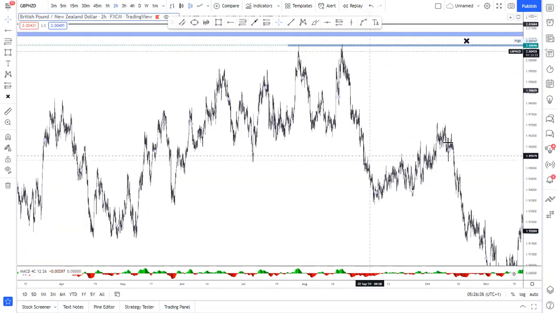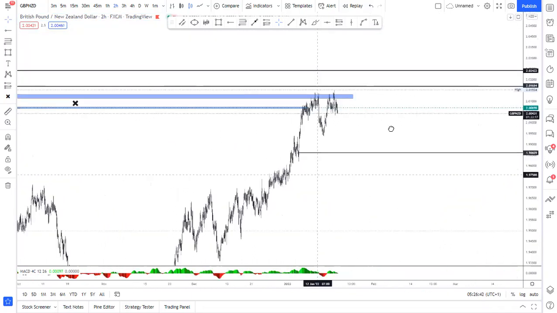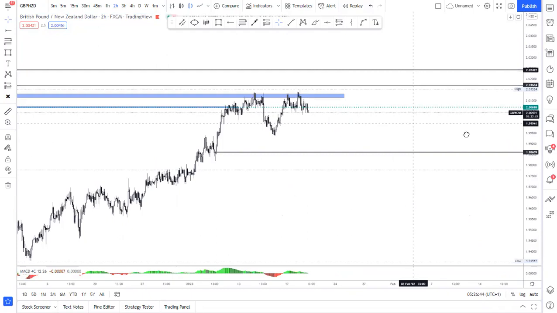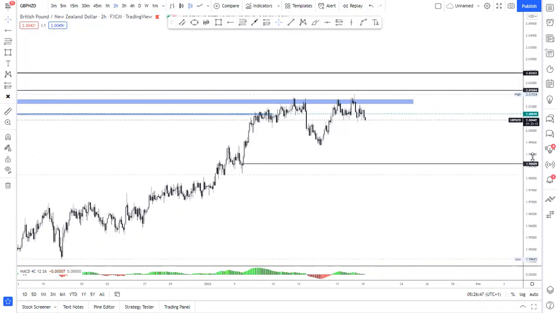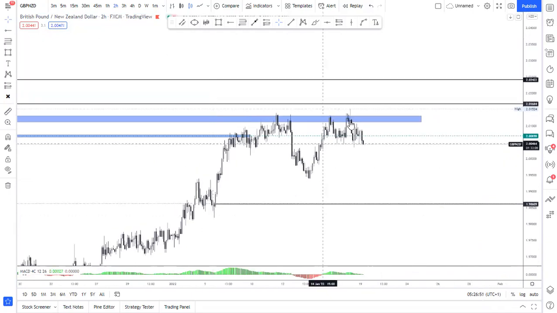So right here, this is what we've got. Price is doing its thing. So as price is doing its thing, I'll just take this as an impulse, corrective impulse.